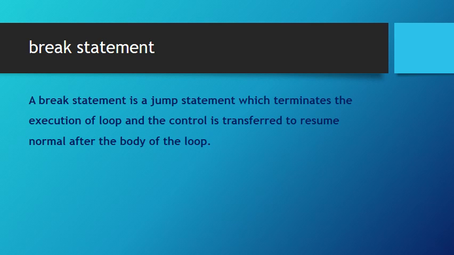So, when the break statement is encountered inside a loop, the loop is immediately terminated and program control resumes at the next statement following the loop. So, this can also be used to terminate a case in the switch statement. Already we had discussed this break statement in your last class also.